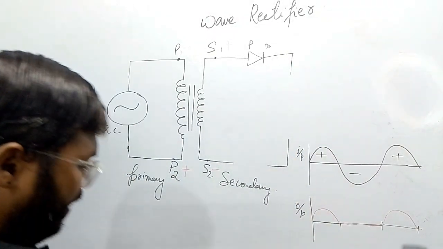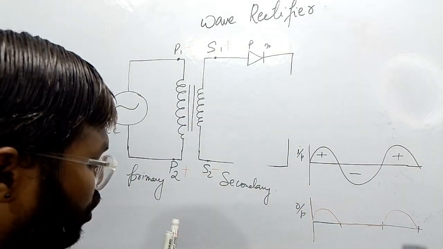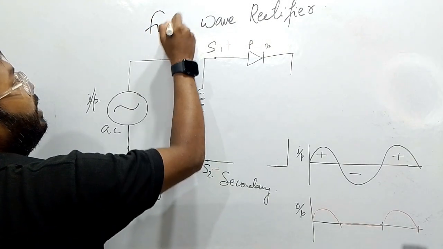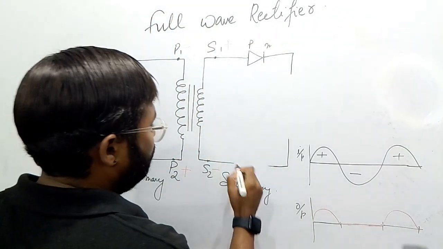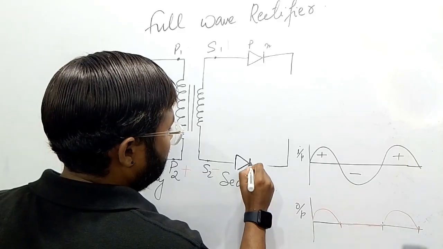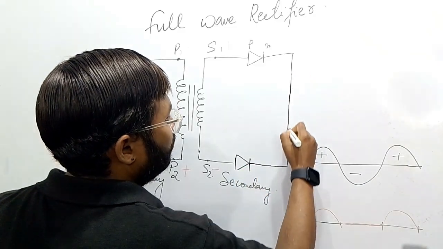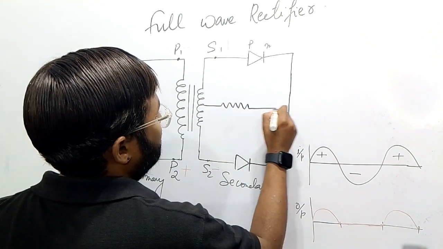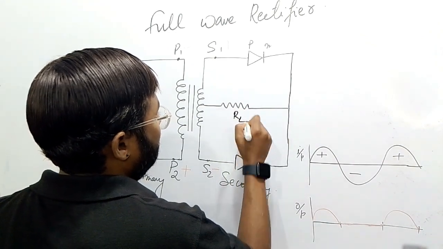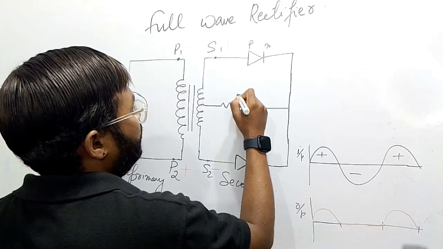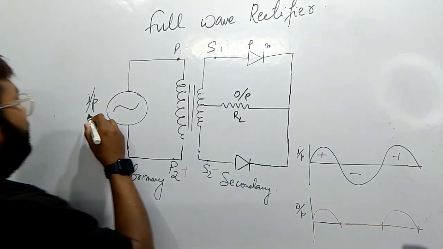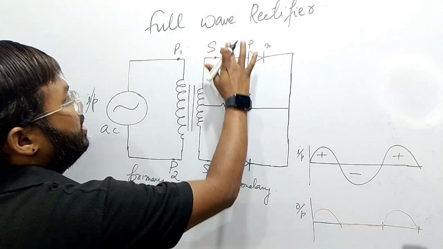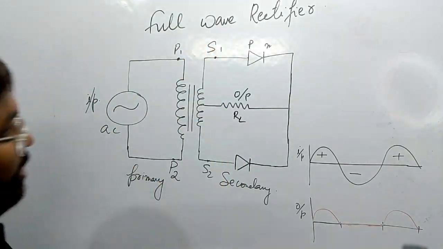See, in the full wave rectifier, we will use two PN junctions, and the load resistance will be connected here. We'll get output here. This is input, this is output, and the rest is all the same. Clear?